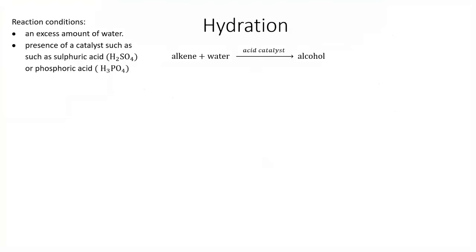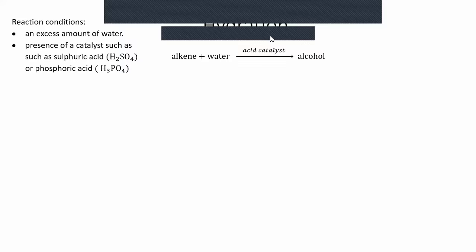If you notice, I'm only using alkenes, though I said it clearly that addition reactions consider alkenes and alkynes, considering double and triple bonds. But for your level right now, you deal with alkenes when it comes to addition reactions. So an alkene plus water in the presence of an acid catalyst will give you an alcohol.